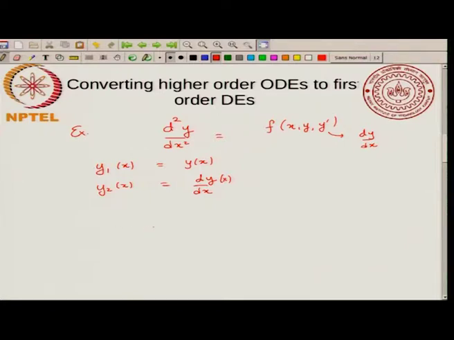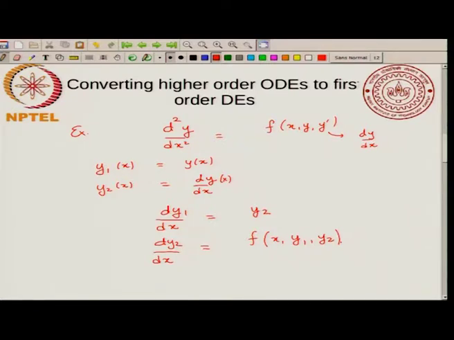Then your system of equations becomes, since y2 is dy by dx, I can write this equation in the following form. dy1 by dx is equal to y2, and dy2 by dx, which is d square y by dx square, is f of x, y1, y2.